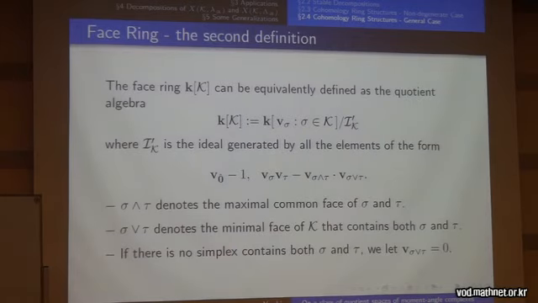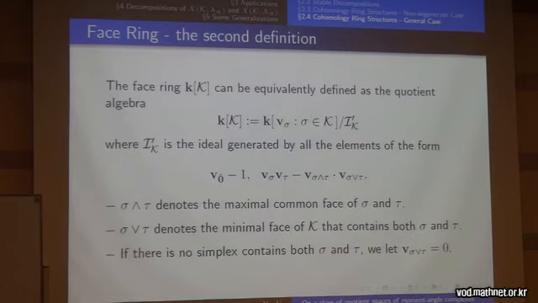The face ring can be generated by v_sigma, where sigma is any simplex in K, and quotient out by the ideal generated by elements of this form, where sigma wedge tau denotes the maximal common face of sigma and tau, and sigma vee tau denotes the minimal face that contains both sigma and tau.